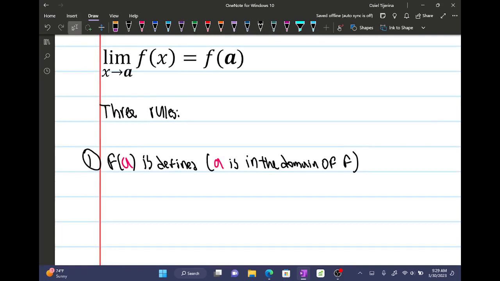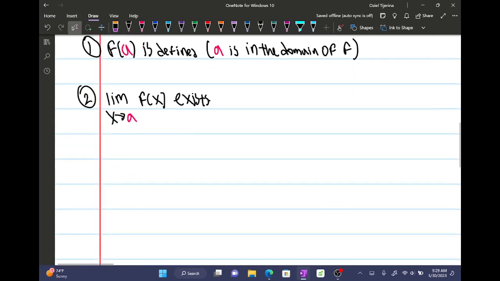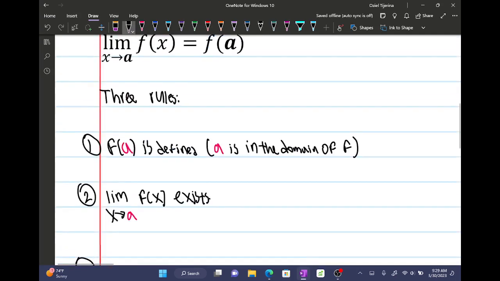The second rule is that the limit as x approaches a of f of x has to exist. This has to be true in order for the function to be continuous at x equals a, excuse me.